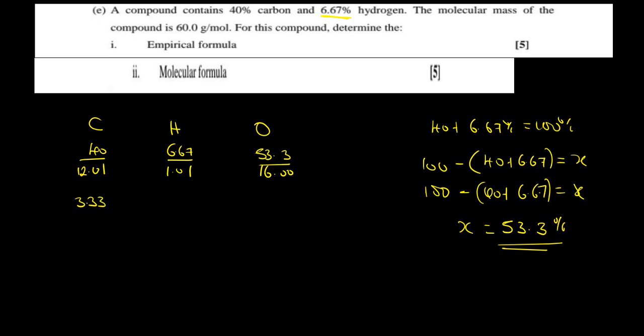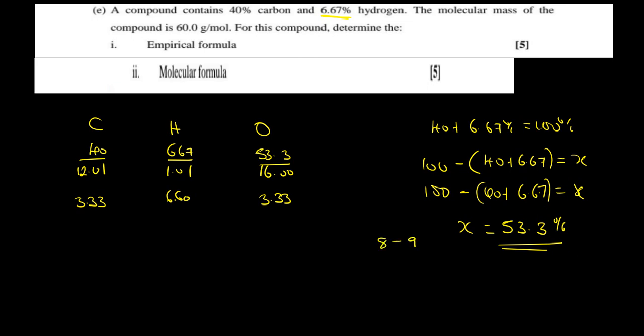Then for hydrogen, let me punch on my calculator. That will give me 6.60. Then this one gives me 3.33 again. Here, you only round off when a number is 8 to 9 like that.